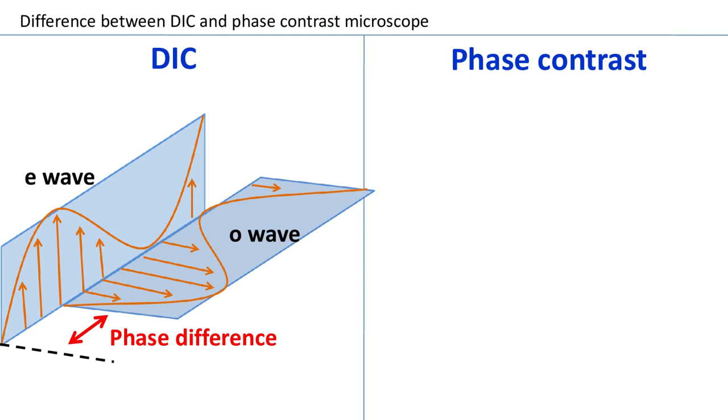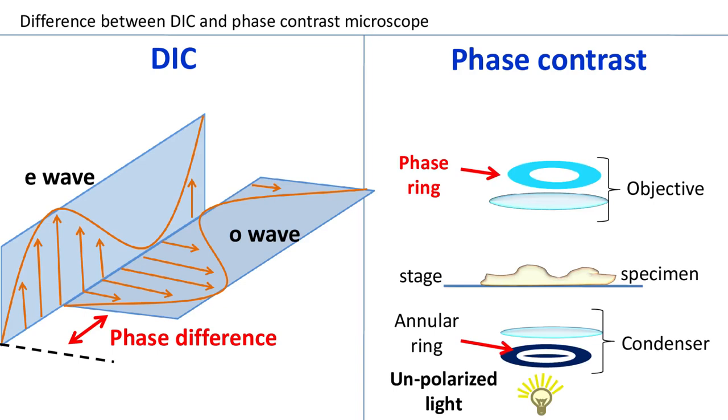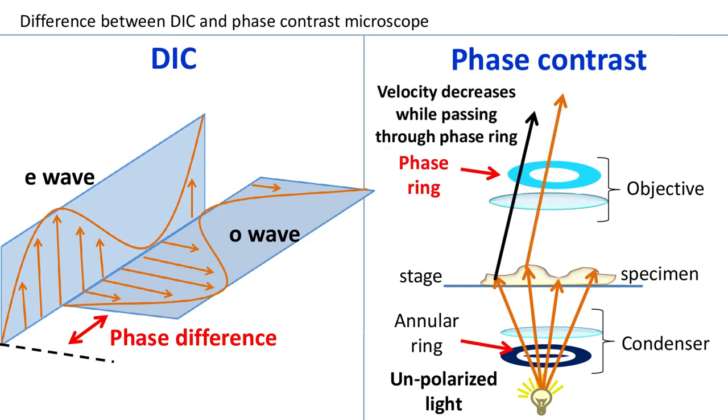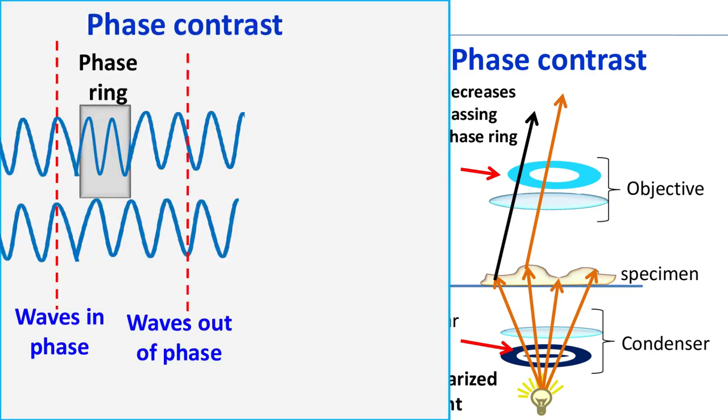In case of phase contrast microscope, the light used first of all is not polarized. When this light passes through the specimen, there is a decrease in the velocity of the light. If the ray of light coming out of the specimen hits the phase shifting ring, then there is a further decrease in its velocity. Finally, when these waves are combined by the eyepiece, two things will happen.